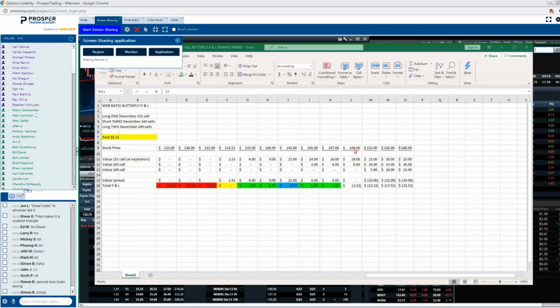And at 149, which is the top strike, that's where our loss starts to begin. Well, not starts to begin, but that's where the maximum loss, I should say, starts to begin again. Okay, but now you'll see as we go up here, that loss is going to remain the same.